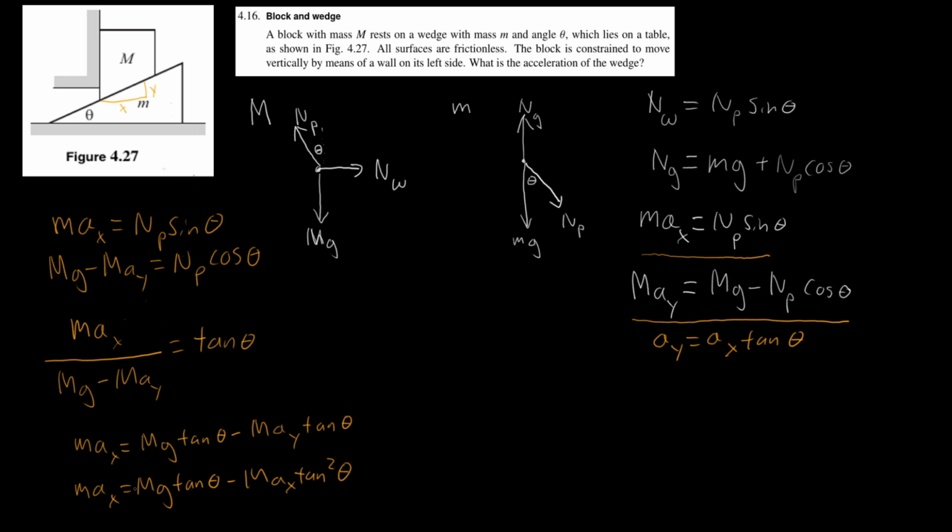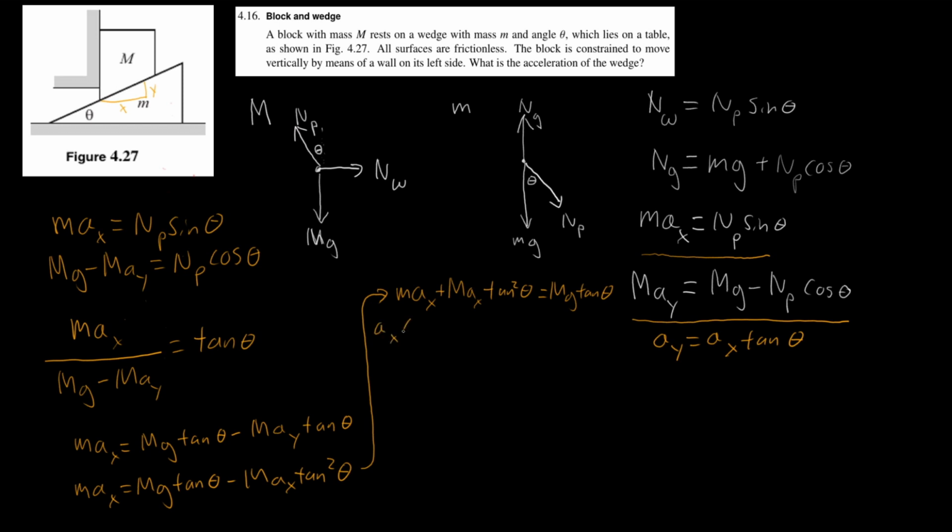Now I'm going to move ax to the same side, so I'm moving all the ax's to one side. So little m ax plus big M ax tangent squared of theta is equal to Mg tangent of theta. All I did was add it to both sides.